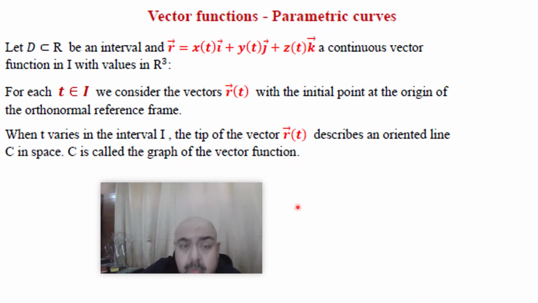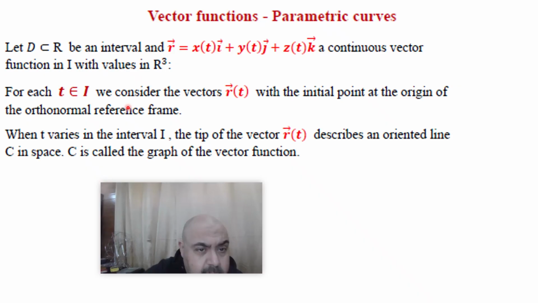In this slide, as I've already said previously, it's like a trajectory. The use of x as a function in the x direction, y direction, and z direction is like tracing the value of the function at certain points in space. So let I, a subset of R, be an interval, and let the x component, y component, and z component be continuous functions on I with values in R3.